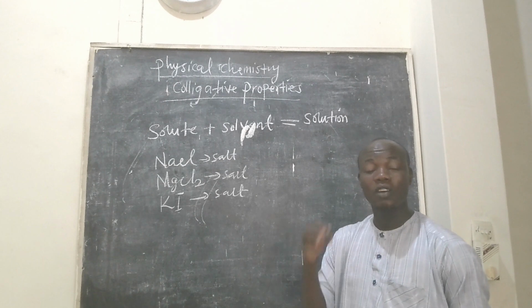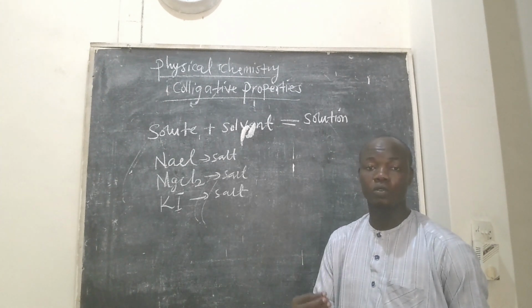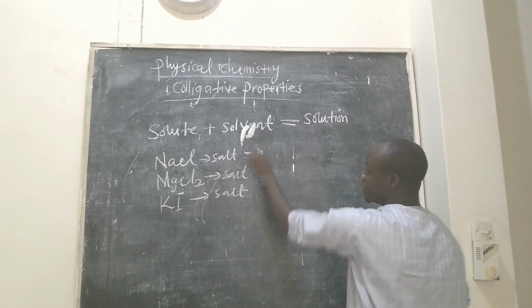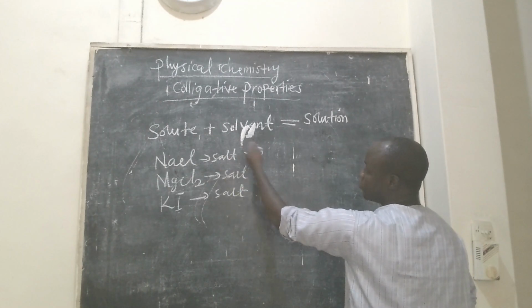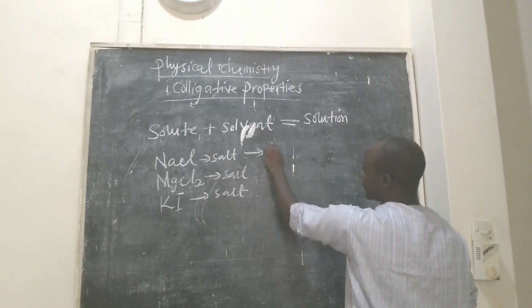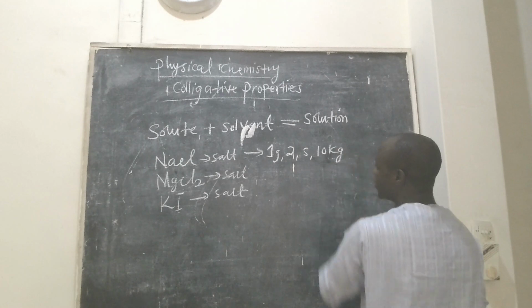It only depends on how much of that solid is added in a solvent. For example, is it 1 gram of sodium chloride? Is it 2 grams? Is it 5 grams? Is it 10 grams or 10 kilograms?